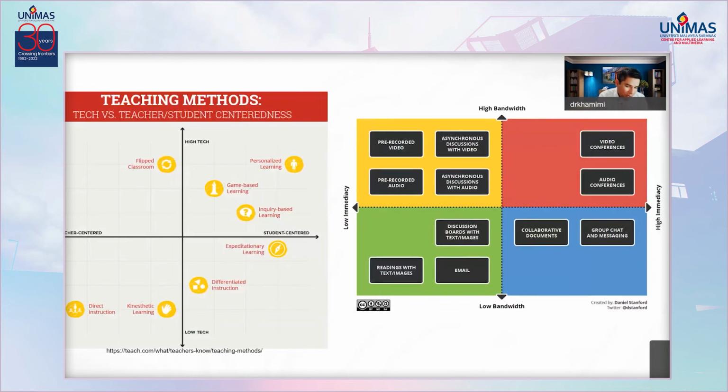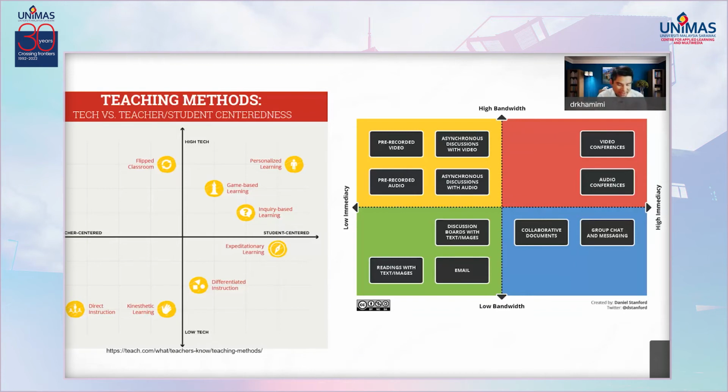If you are more into student-centered with low technology, you can use differentiated instruction and experiential learning. And if you have high technology, high bandwidth, you can use game-based learning, personalized learning, and also inquiry-based learning.